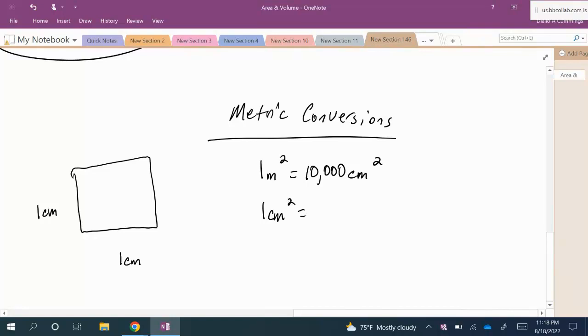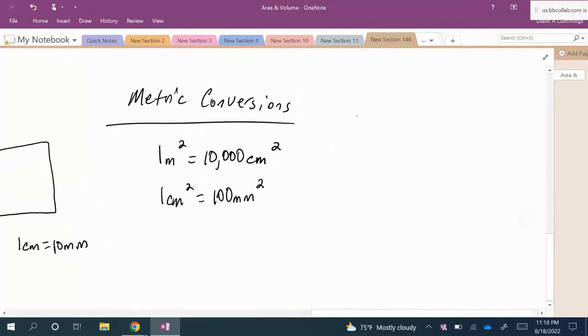We know that 1 centimeter is equal to 10 millimeters. So 10 times 10 is 100. So 1 square centimeter is equal to 100 millimeters squared. And we'll take a look at an example.